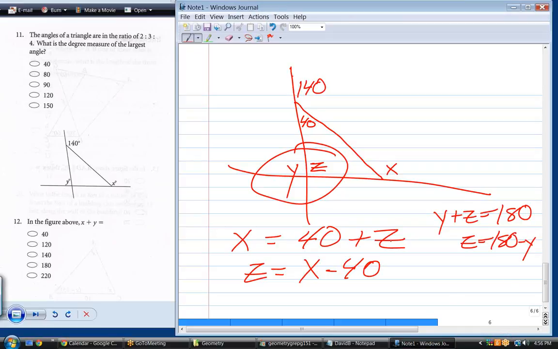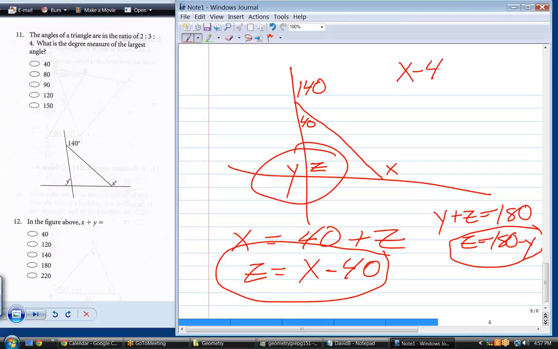Okay, so if I've got z equals x minus 40 in one case, and z equals 180 minus y in the other, it's the same angle. So I can now say that x minus 40 equals 180 minus y. You see how I can leap to that conclusion?